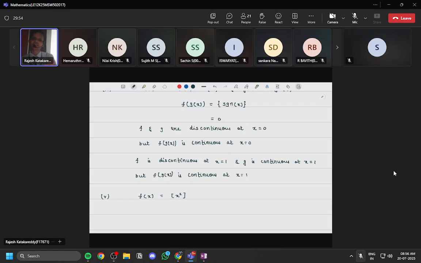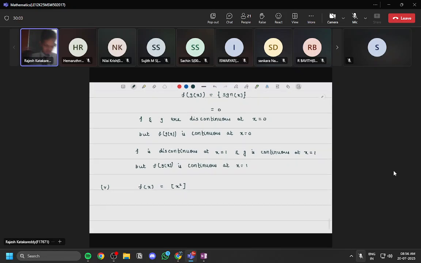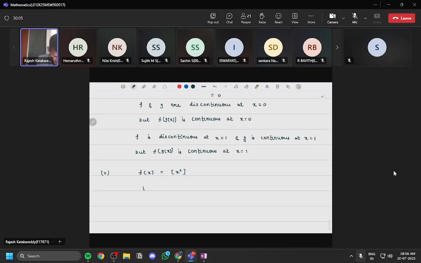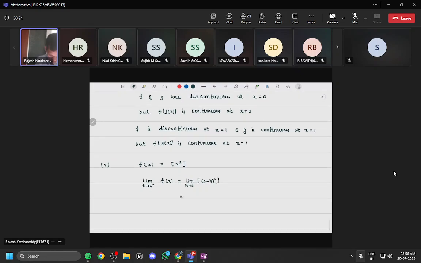So at x is equal to 0, it has a turning point, and x square will be an integer when x is equal to 0. Correct? Now if we check the continuity, left hand limit, x approaching 0 minus f of x, will be equal to limit h approaches 0 greatest integer of (0 minus h) whole square. So we get limit h approaching 0 greatest integer of h square.